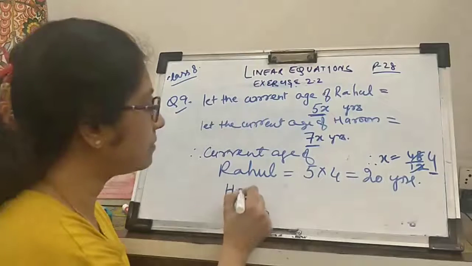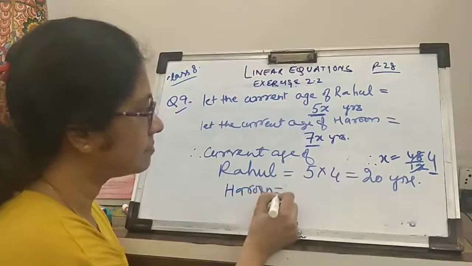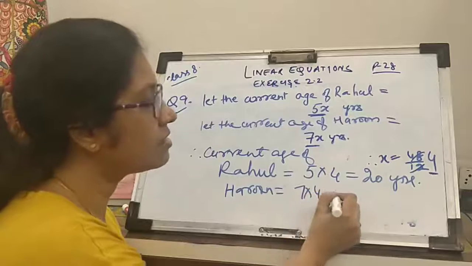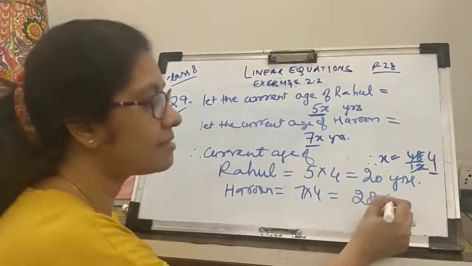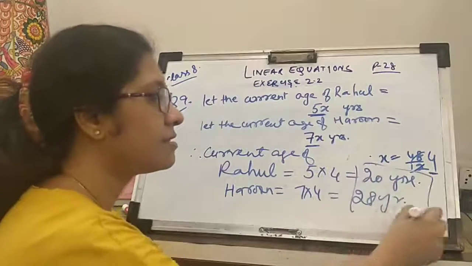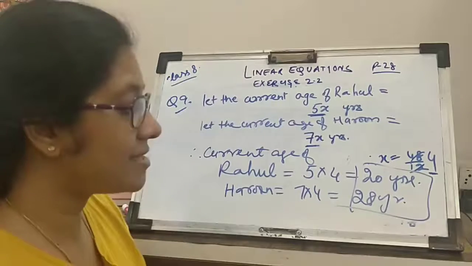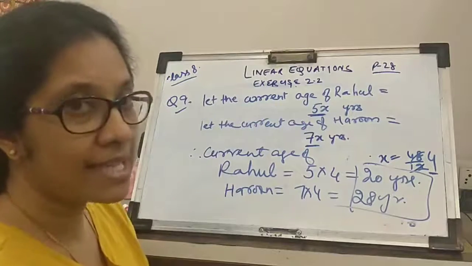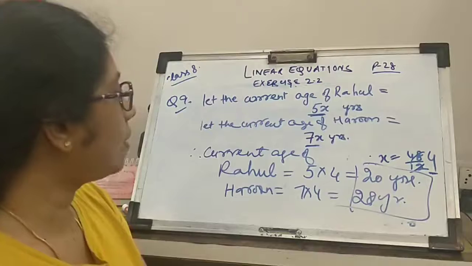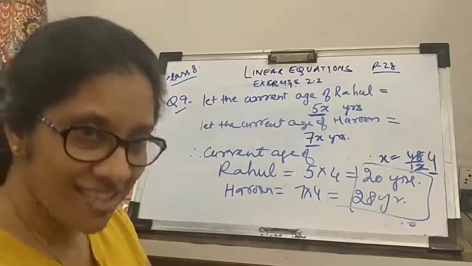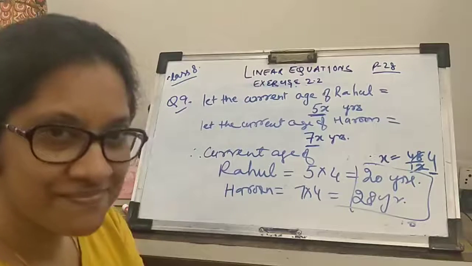And Haroon: 7 into 4, 28 years. 20 and 28 years, that's what Rahul and Haroon's current ages are. Okay? Simple?